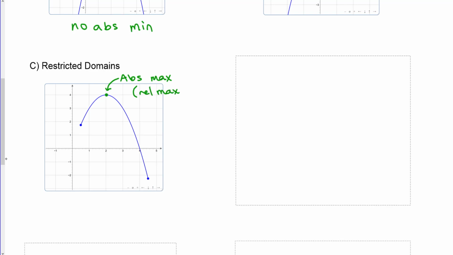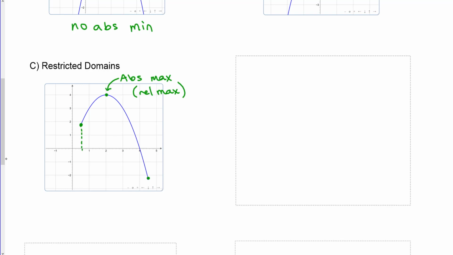Because as I said, absolute extrema can occur at the endpoints of an interval or at relative extrema. So you find all your relative extrema and then find the endpoints of your interval. So here, the endpoints of my interval are this point and this point.